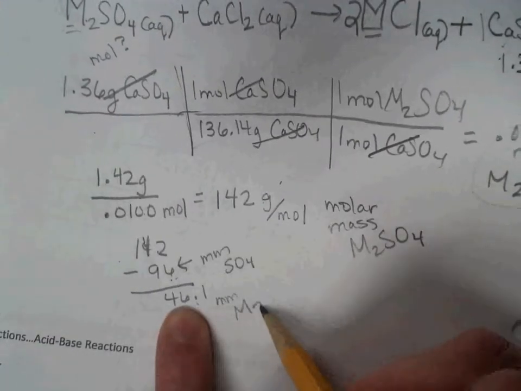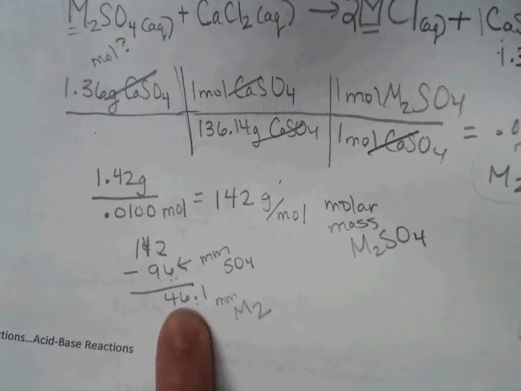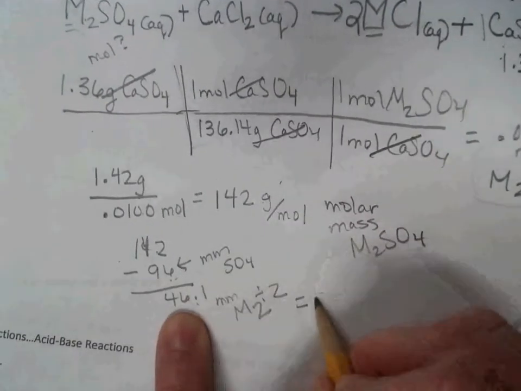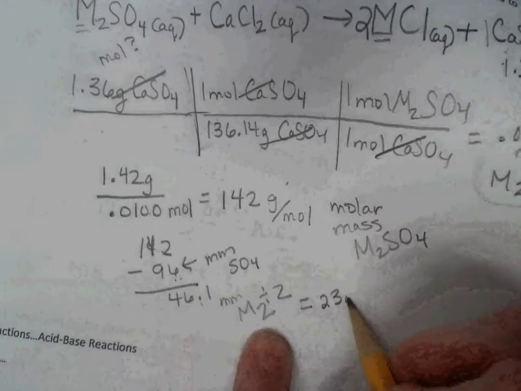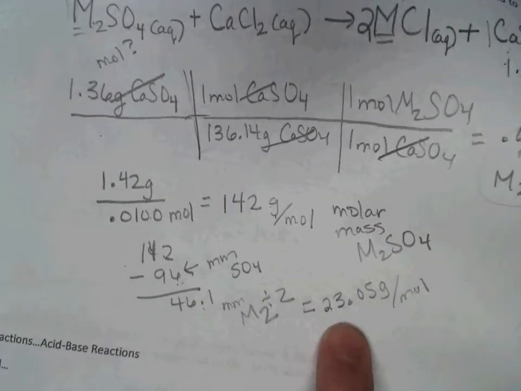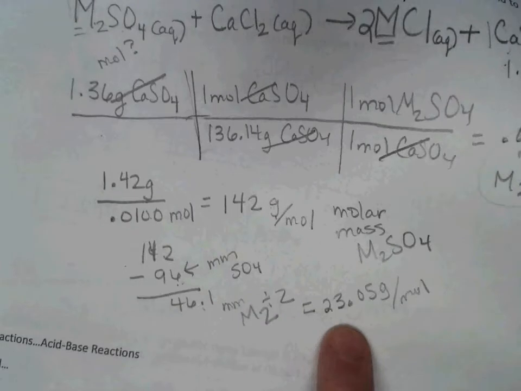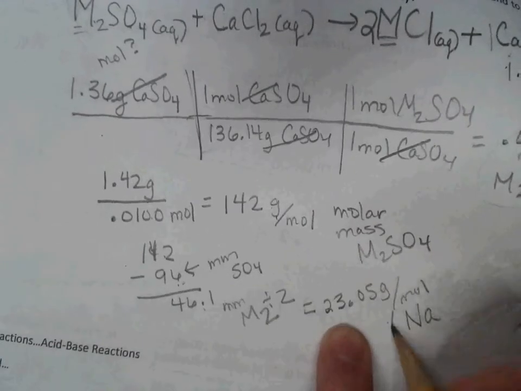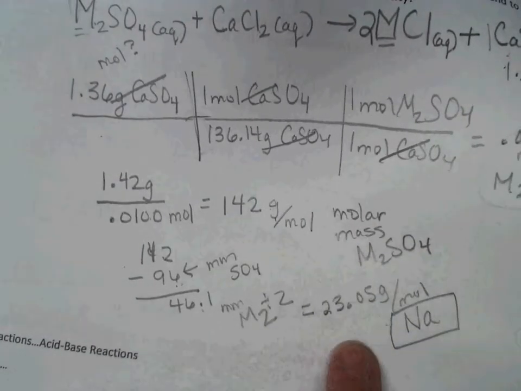If I subtract the two, now I've got the molar mass of M2. Divided by 2, 23.05 grams per mole. Now can I tell what M is? Yeah, I just have to find the element that has that mass. 23. Which one is the closest to it? Sodium.